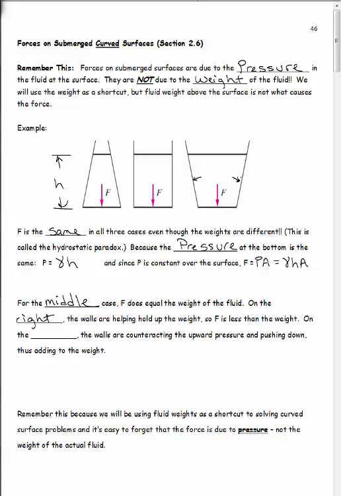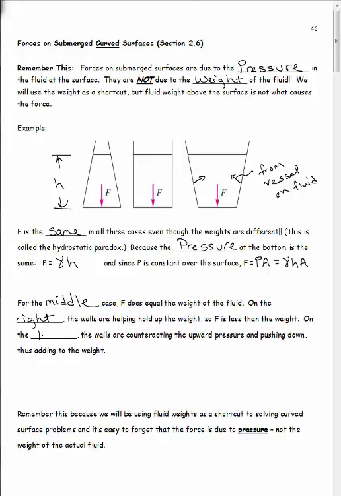It is going to have a net downward force, but the sides are going to counteract that. So there's always the equal and opposite force going on from the vessel to the fluid, so that is going to help hold up some of that weight. This is from vessel on fluid. So I guess that does make sense, right?